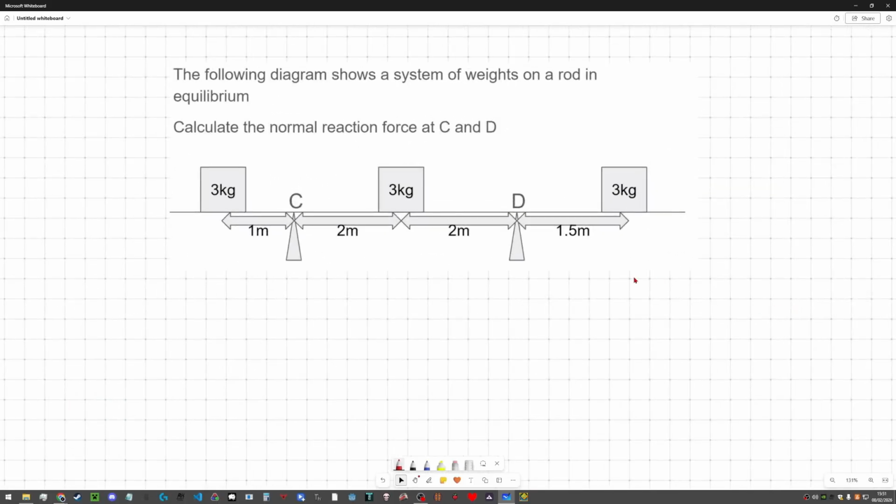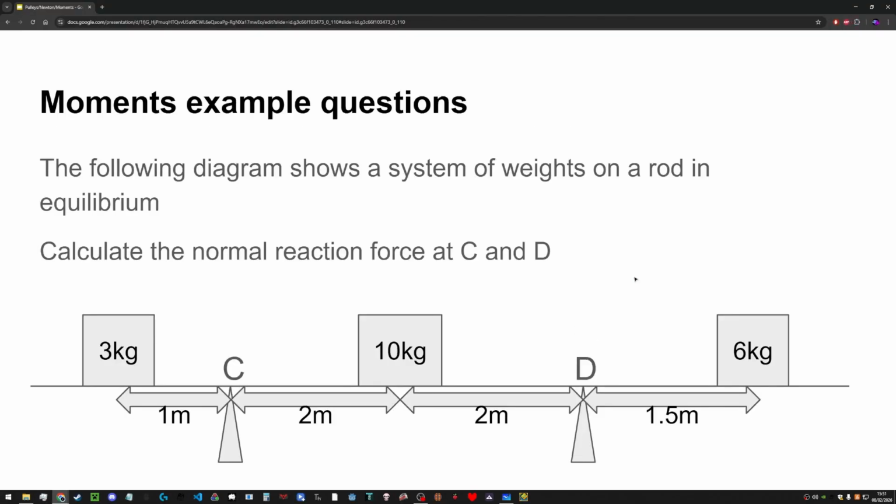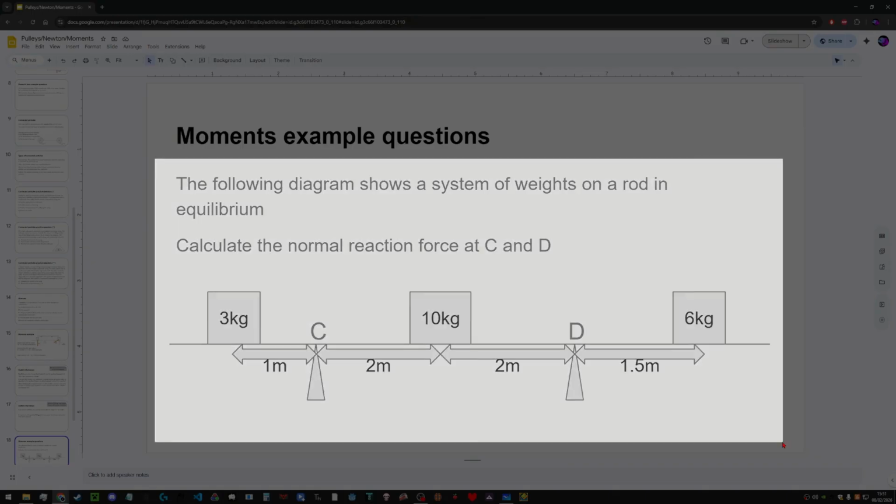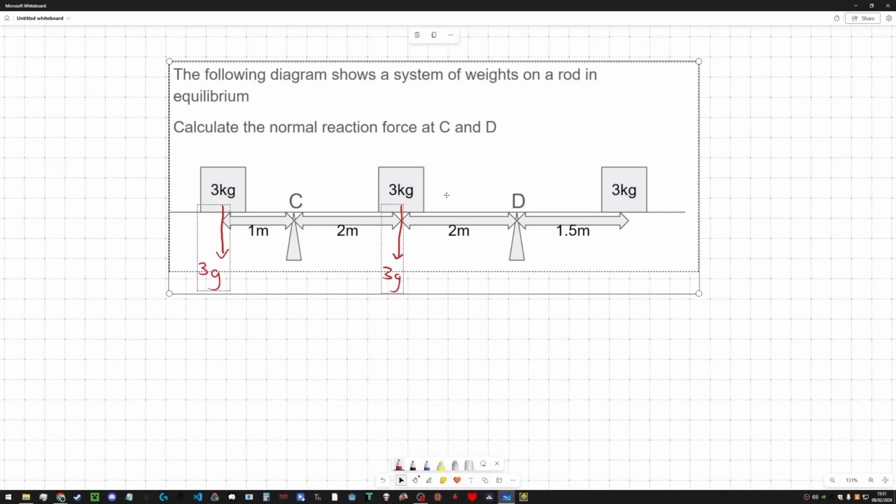Right, the following diagram shows a system of weights on a rod in equilibrium. Calculate the normal reaction force at C and D. So you know that these masses will have weight going down. Sorry, got the wrong numbers on this diagram.